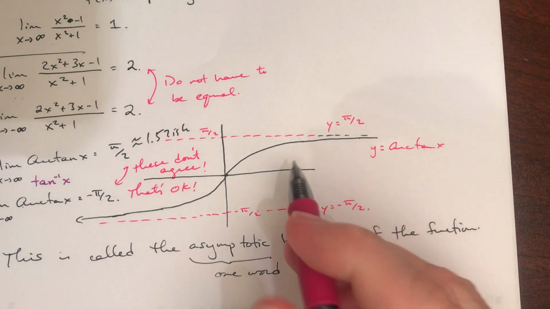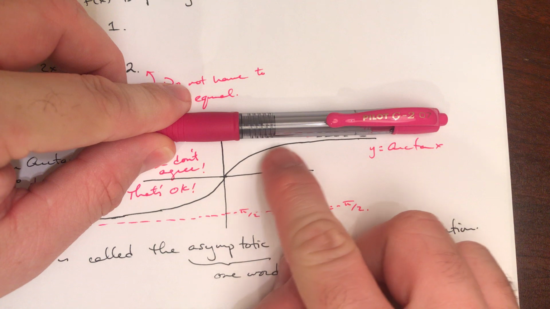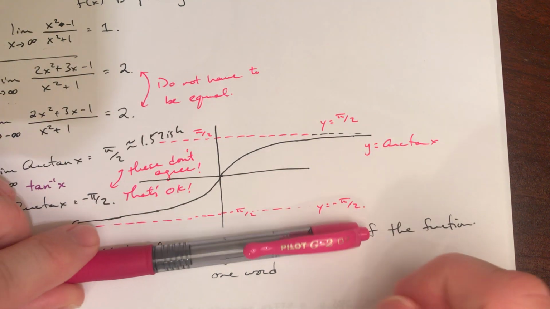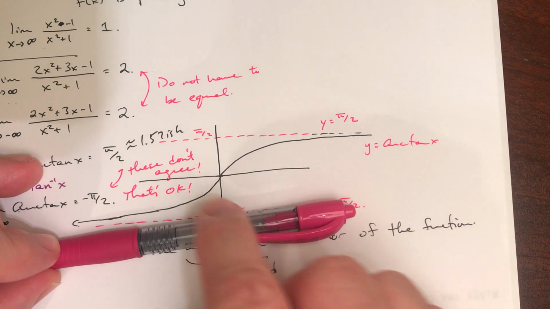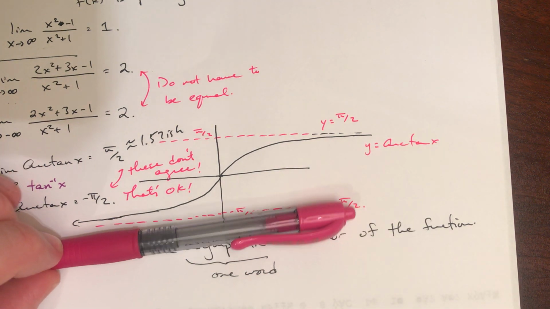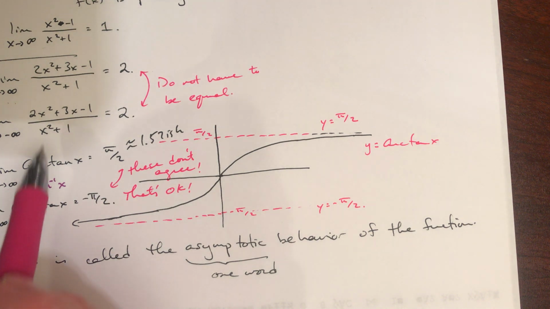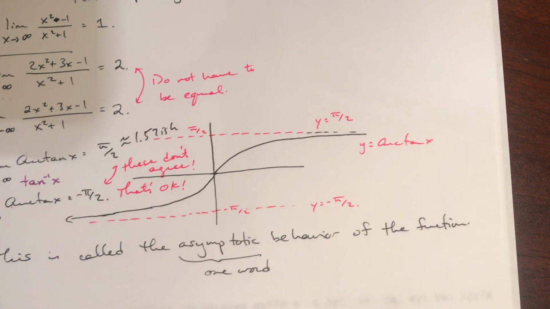So again, the graph's going to get closer and closer to that horizontal line as we move off to the left here and the right there. And we determine those horizontal asymptotes by finding these limits at infinity and negative infinity.